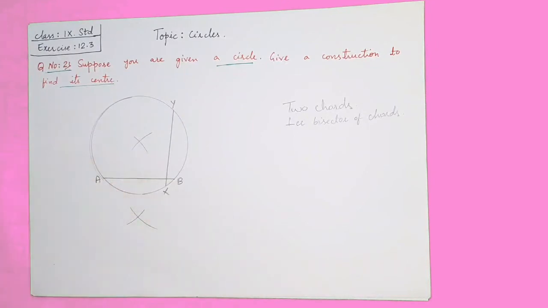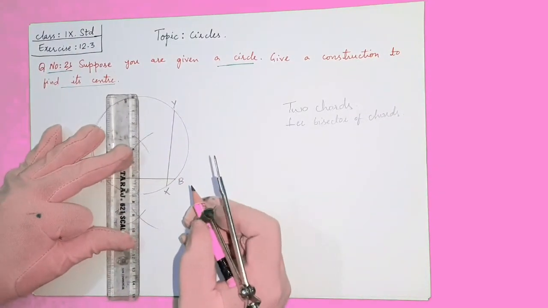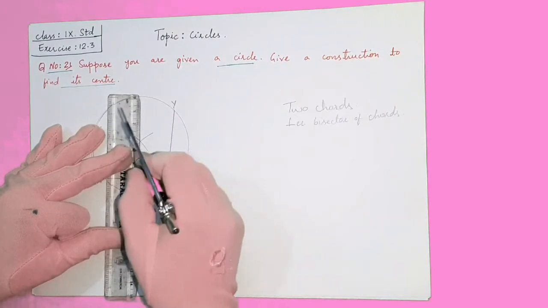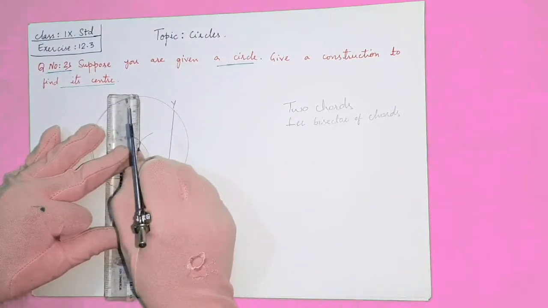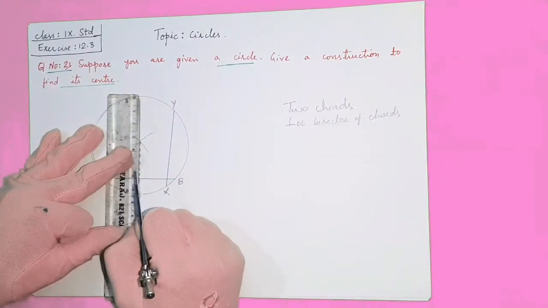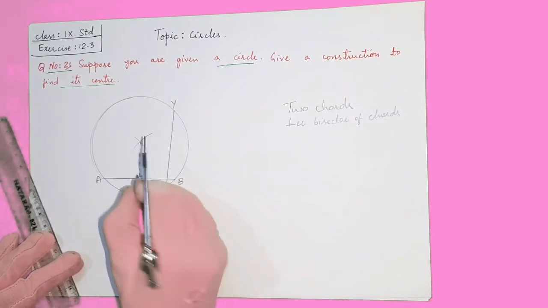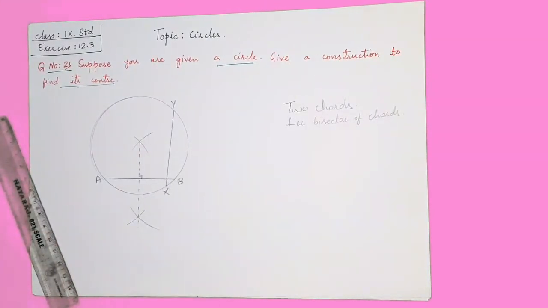And then when we join these two arcs, we can say it's the perpendicular bisector. Perpendicular bisector का मतलब है which is dividing into two equal parts, जो AB को equal part में divide कर रहा है और उसका angle है 90 degree. So this is your one perpendicular bisector for the line AB.